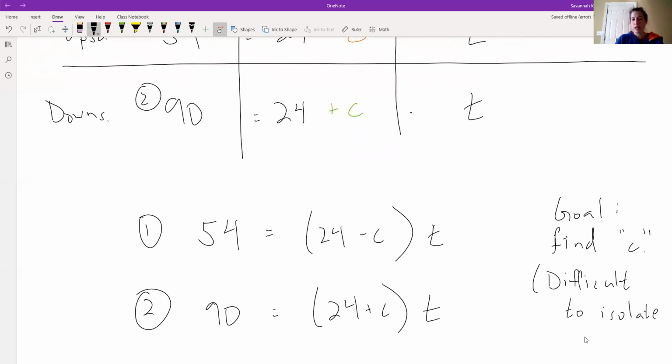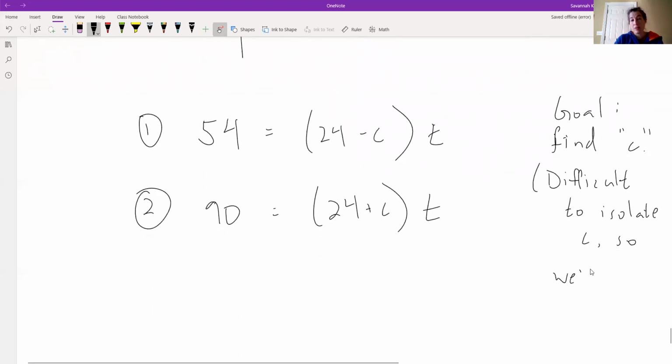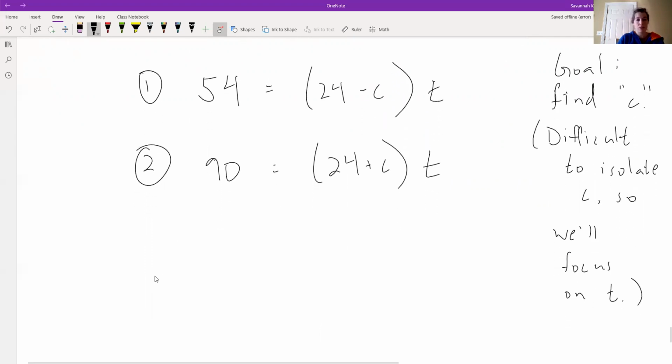It's difficult to isolate C, so we'll just focus on T. In the last problem, it was easier to isolate what we were actually focused on, but here, not really. So what I'm going to do is divide away my 24 minus C from equation 1.